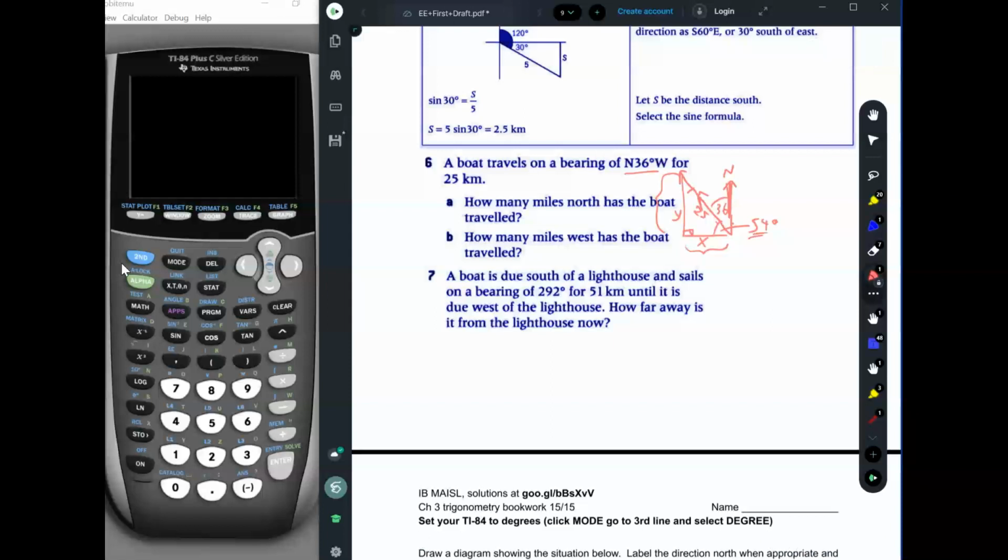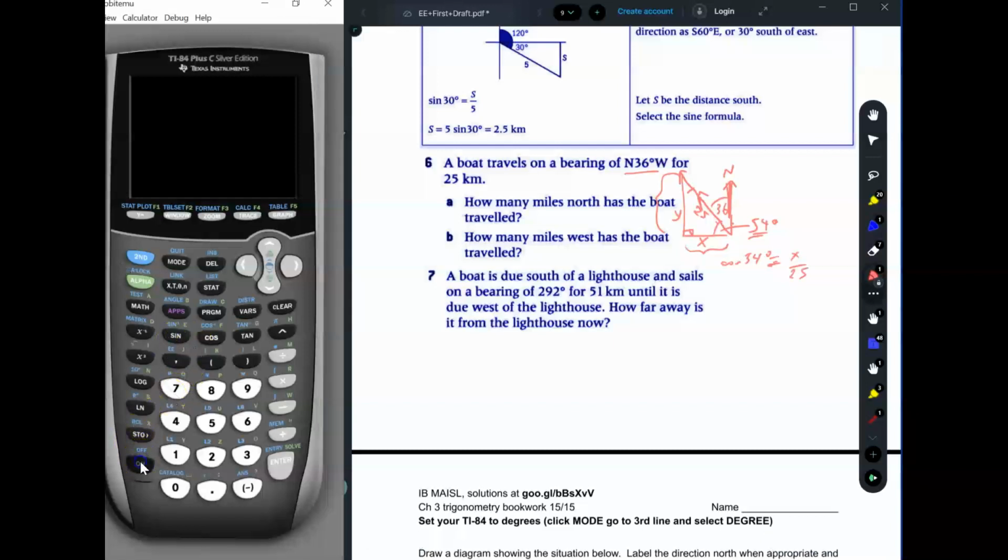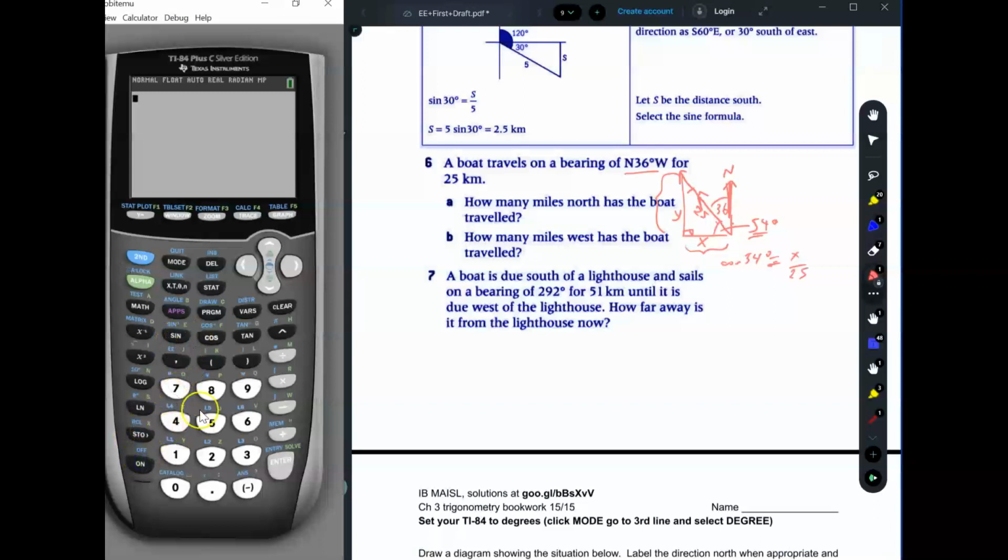So adjacent over hypotenuse, wouldn't that be cosine? So we can find the x value by saying, okay, the cosine of 54 degrees is equal to x over 25. And the cosine of 54 degrees, let's find that out on the calculator. Let's first put the mode as degrees.